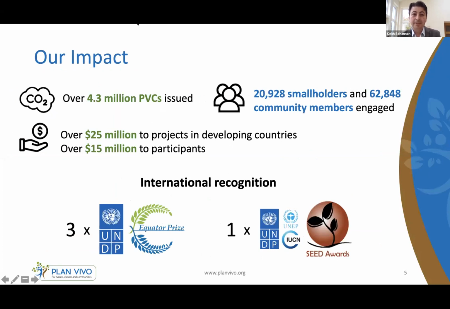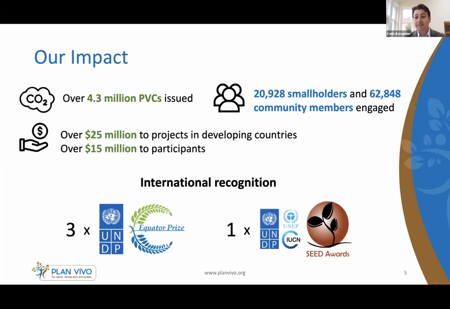In terms of our impact, to date, we've issued over 4 million Plan Vivo certificates. Each certificate is equivalent to 1 ton of CO2 emissions reduced. So we're on track to deliver over 4 million tons of CO2 emissions reduced.